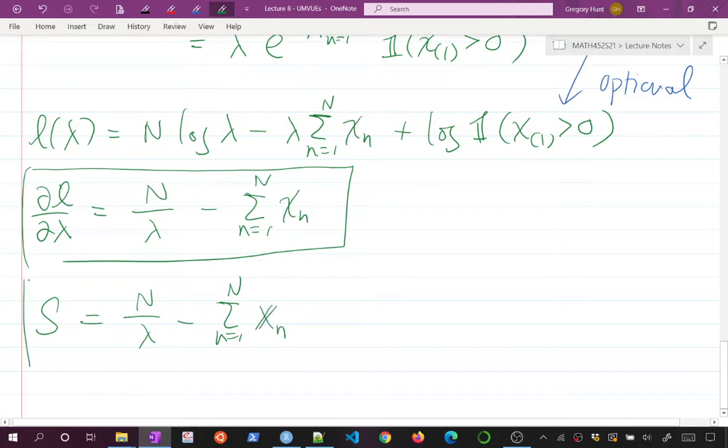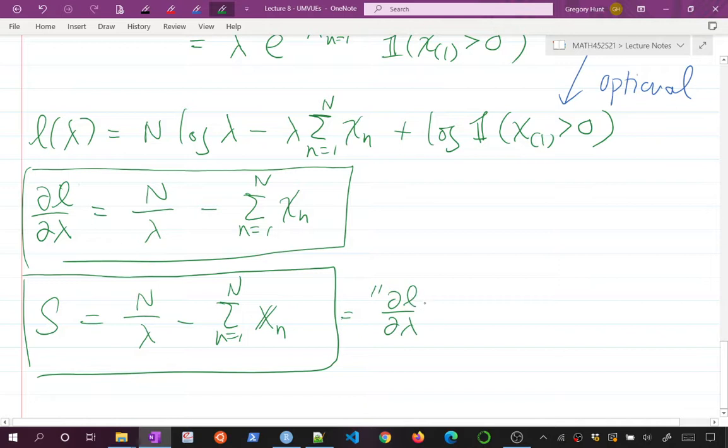And so now that's a random quantity. I'm going to be lazy because I like this notation, dl d lambda, and call this, quote, dl d lambda. If it matters, we'll distinguish between the two, but it's typically not going to matter. So this should be my score function.